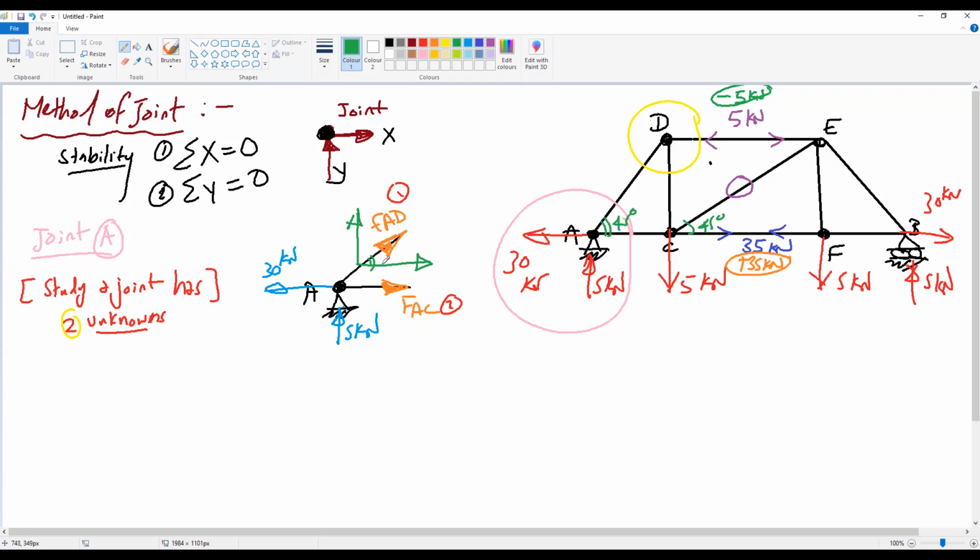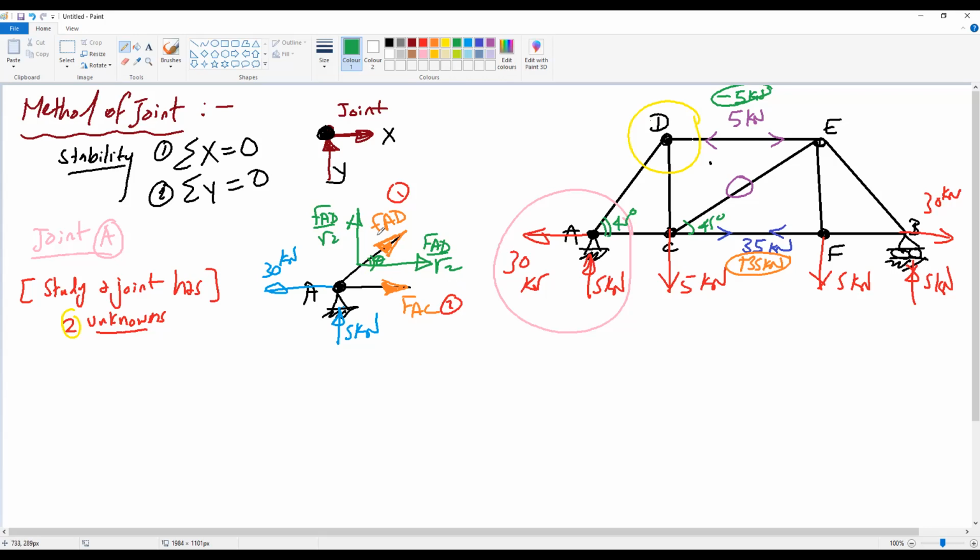Similar to what we have done before, this will be FAD divided by root 2, and this FAD divided by root 2. So now we have FAD divided by root 2 in x direction, FAD divided by root 2 in y direction.